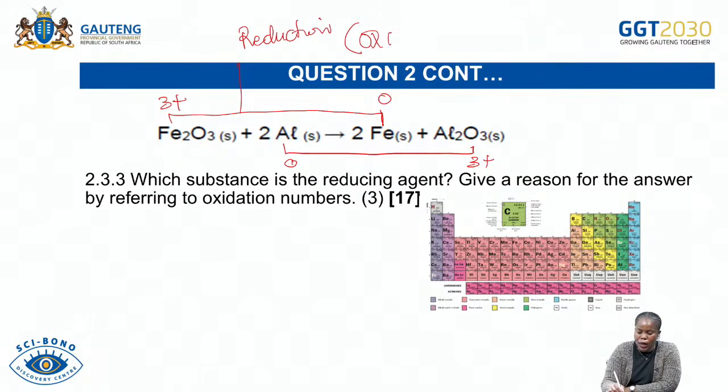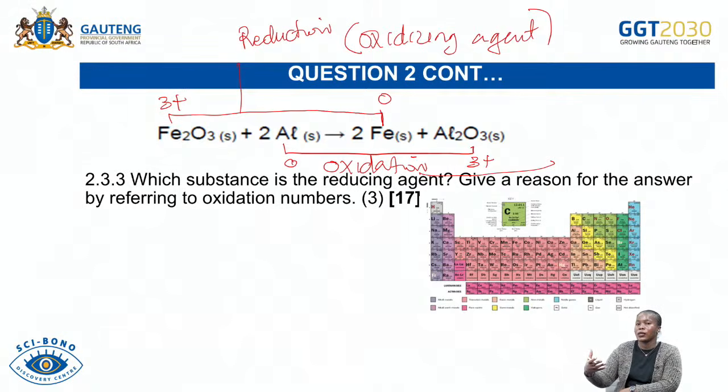This is an oxidizing agent, whereas the aluminium went from 0 to 3 plus. This is an increase in the oxidation number, so it's undergoing oxidation. And when it's undergoing oxidation, that substance that undergoes oxidation is a reducing agent.